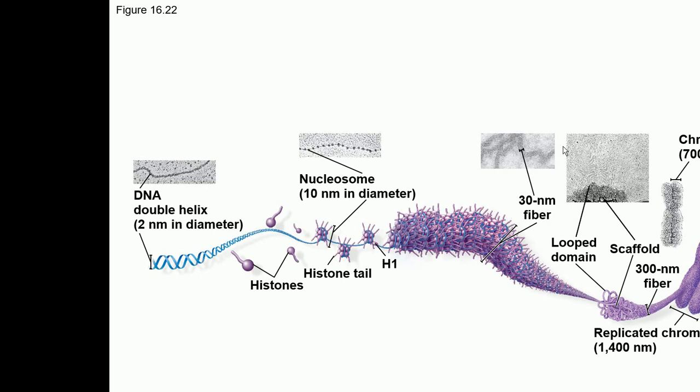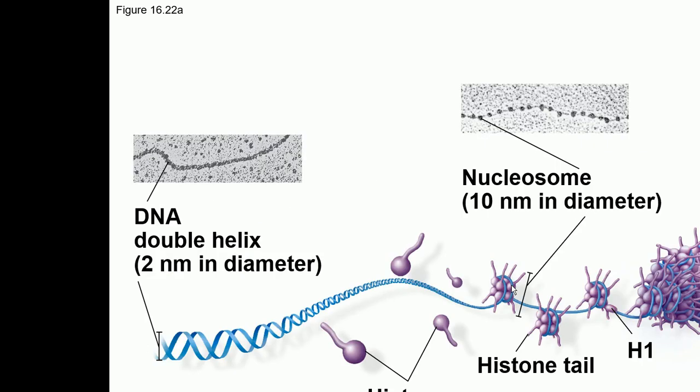The chromosomes are duplicated, and they have 2 sister chromatids. The diameter of each chromatid is around 700 nanometers, and for a replicated chromosome with 2 chromatids, the diameter is around 1400 nanometers. So this is the way DNA is packed inside the small nucleus. This is the packaging pattern of DNA.